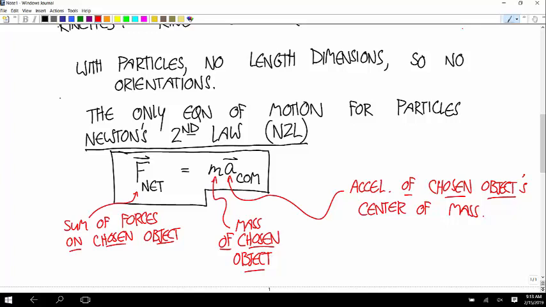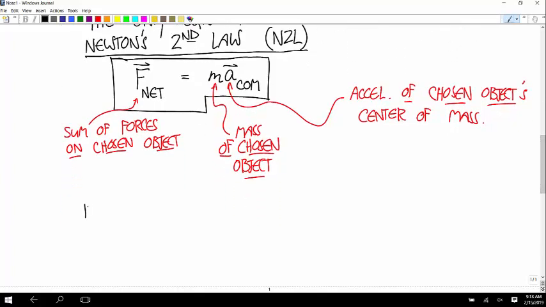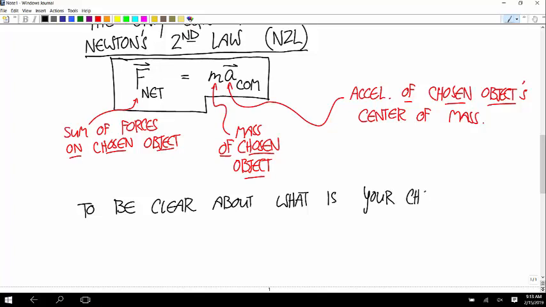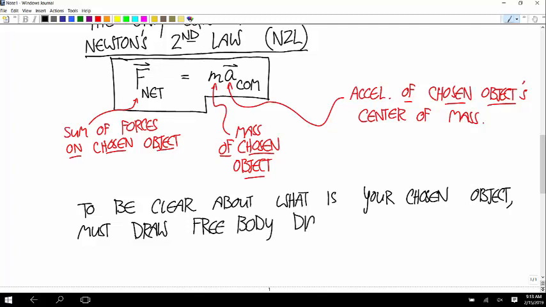Anytime you use Newton's second law, to be clear about what your chosen object is, you must draw a free body diagram, and I love abbreviations, so I'm going to call that FBD.